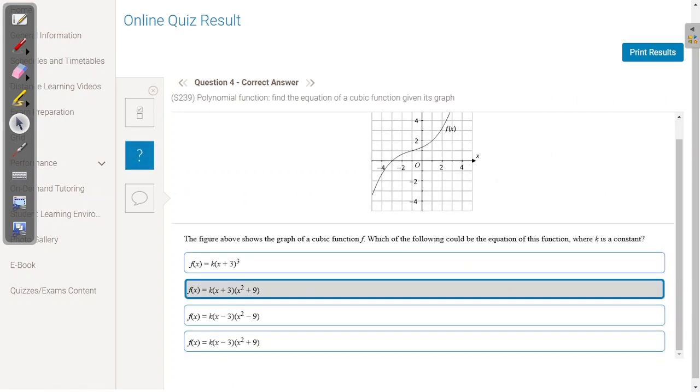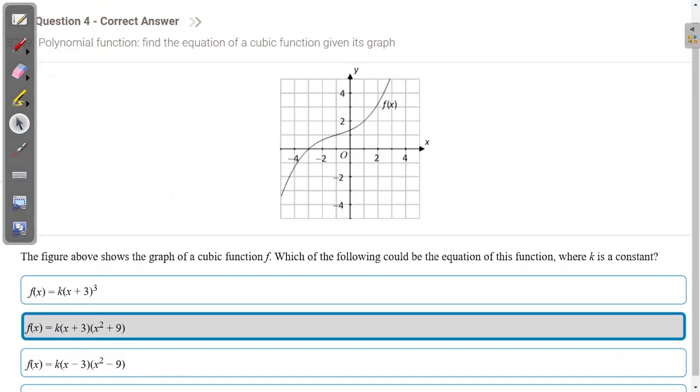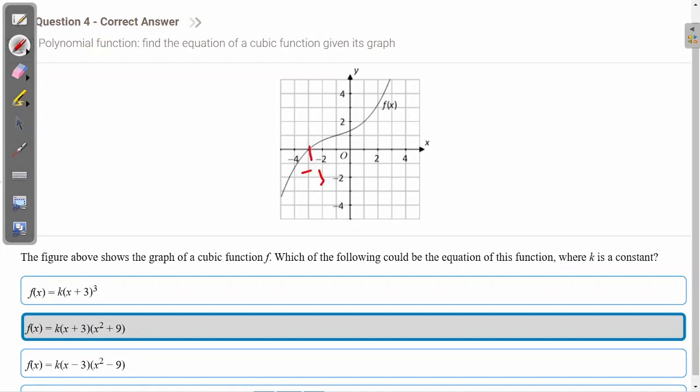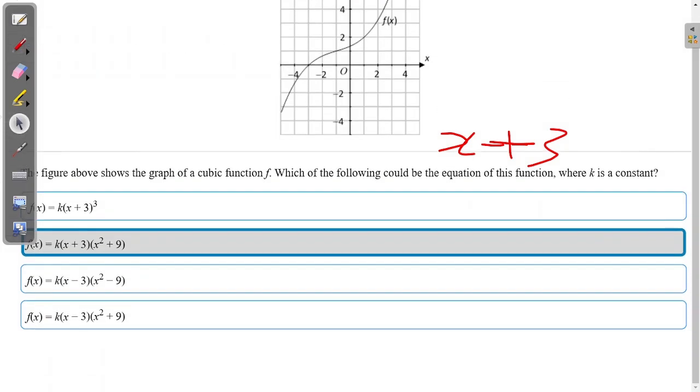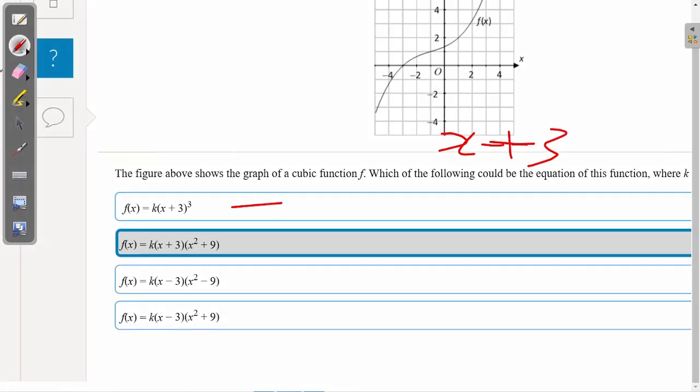Okay, this one. First you look at the graph of the x-intercept. It's at -3. So it's x minus 3, x plus 3. So you look at the ones with x plus 3. This one and this one.